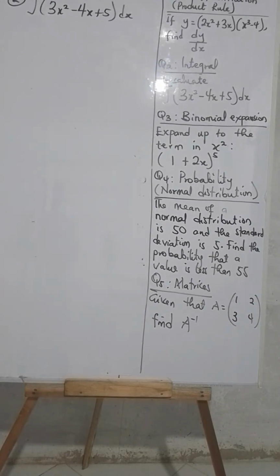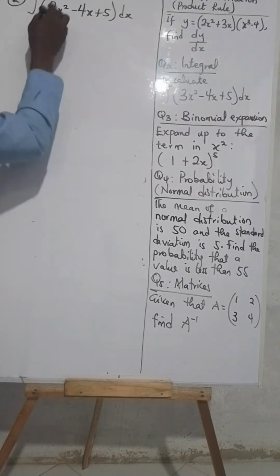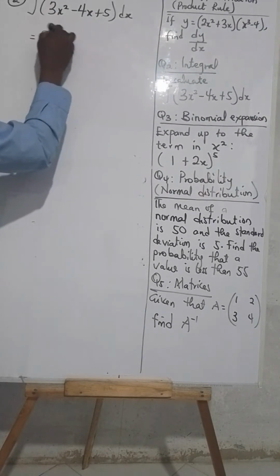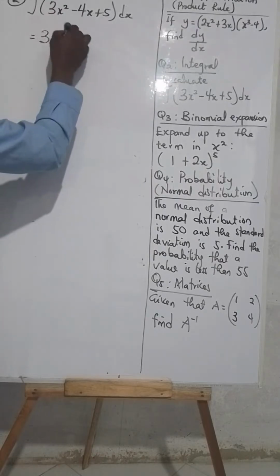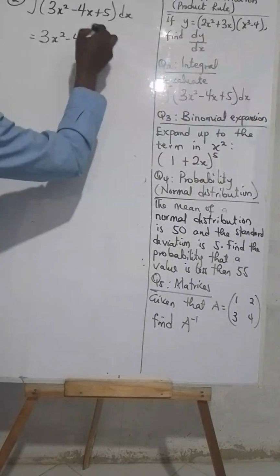So to solve this one, it's very simple. We have 3x squared minus 4x plus 5.